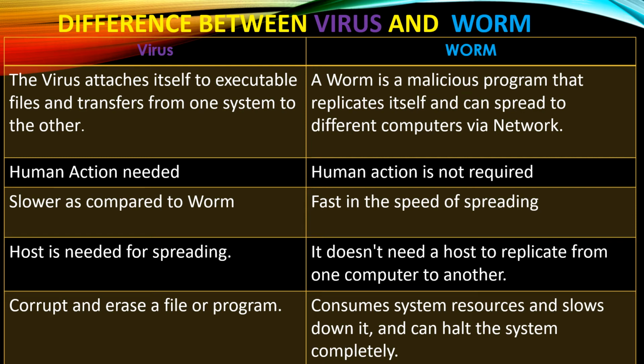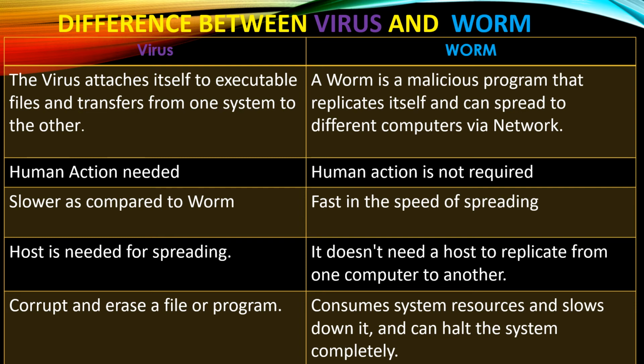Second point is a virus needs human action, which means human intervention is required for a virus. On the other hand, a worm doesn't require human action, means human intervention is not required for a worm.